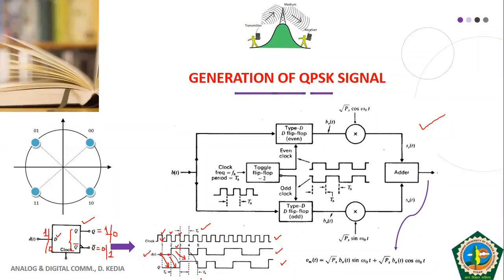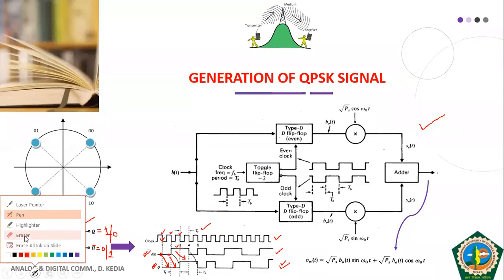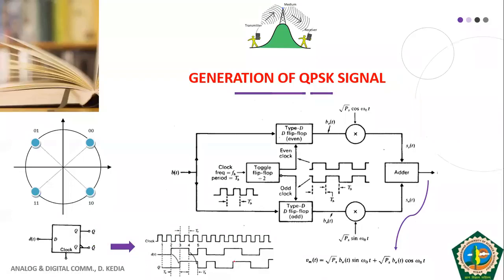This way, you can conclude that my input bit stream is delayed by an amount TB, and we get the output bit stream in the form of Q. I hope you have understood this. That's why we call it the delay flip-flop.